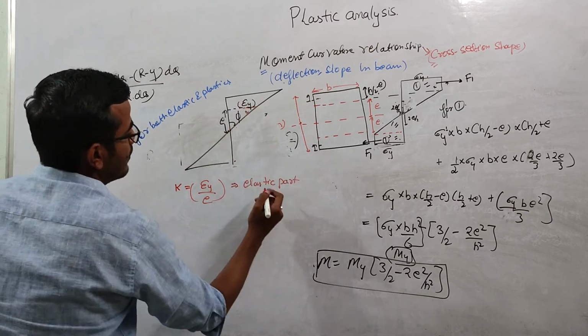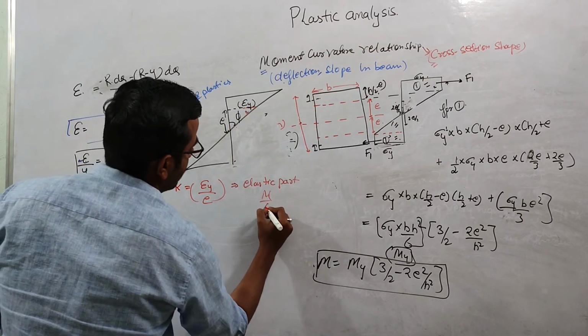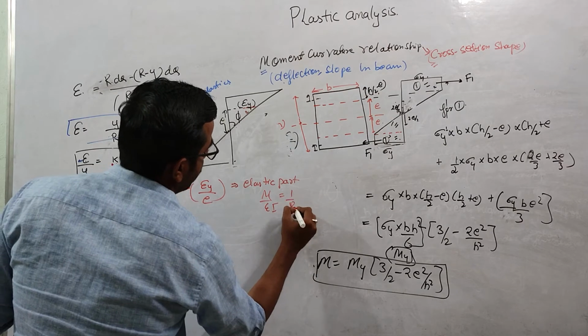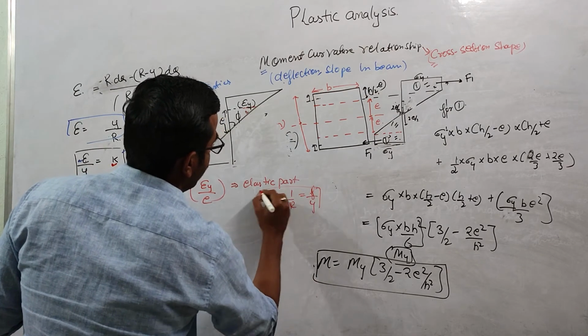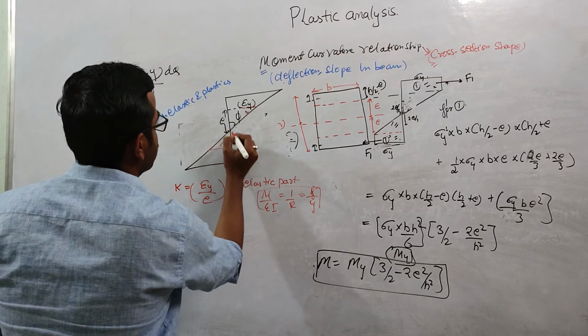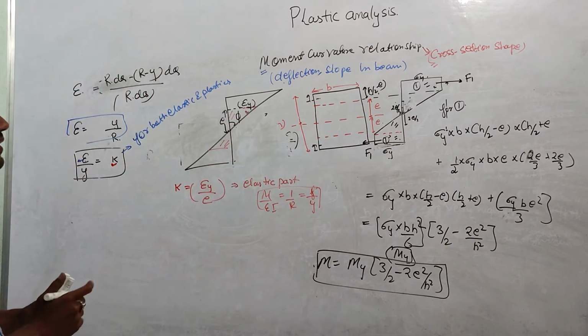In this region, our relation M over EI equals 1 over R equals F over y will be valid only for these portions, because this portion is in elastic state, right?